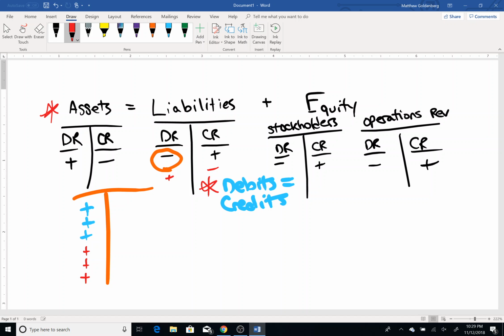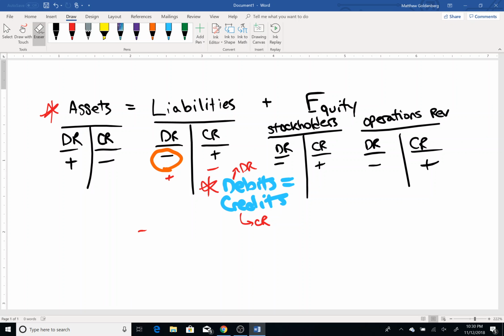And all of a sudden, debits do not equal credits. And debits are represented by DR, credits by CR. So that's why you have them on the opposite side like that.